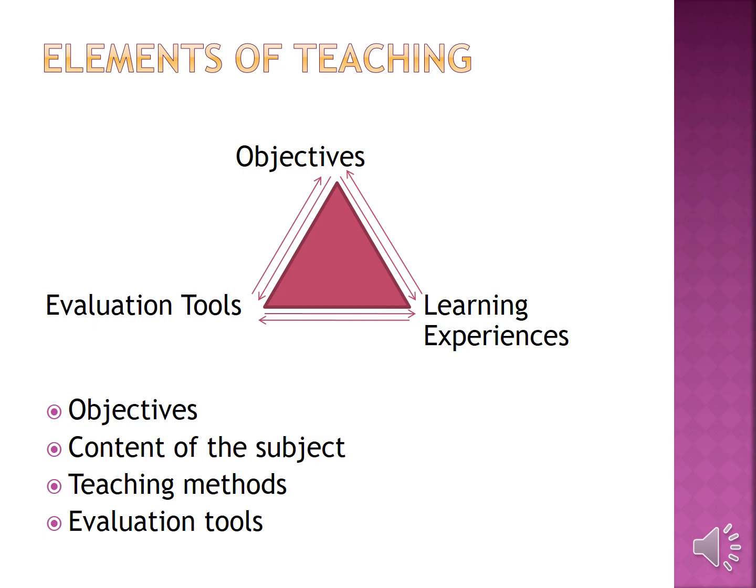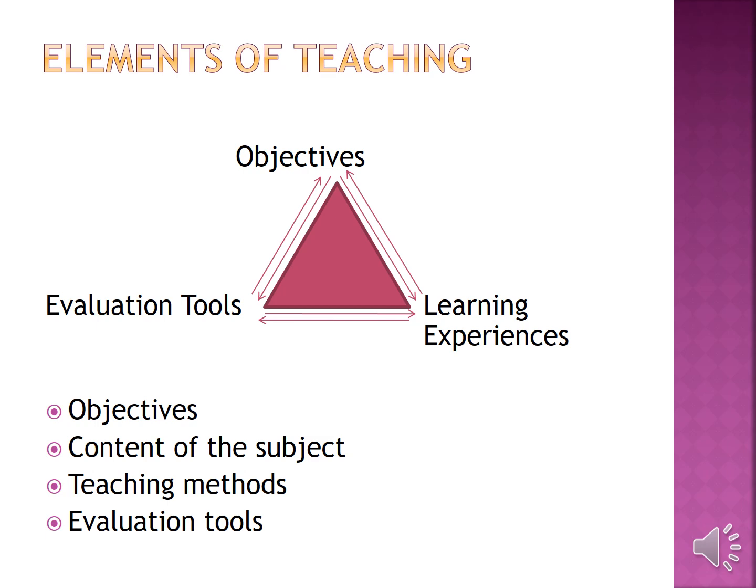So we have to judge all those things, right from their previous knowledge and their levels. Then learning experiences, how? And how am I going to evaluate them? How am I going to test them? How am I going to measure them? That comes under the evaluation tools and evaluation techniques.